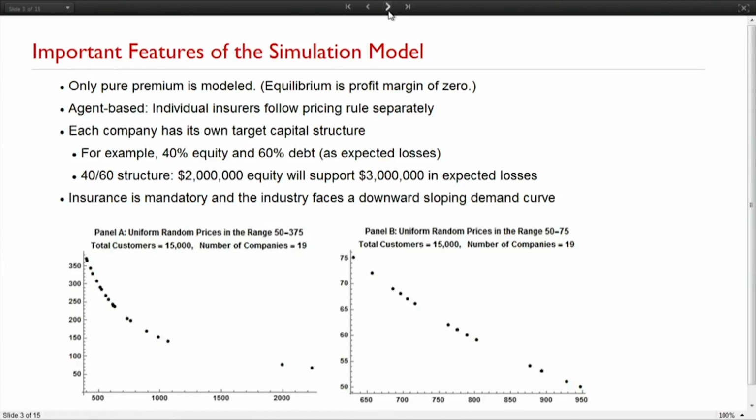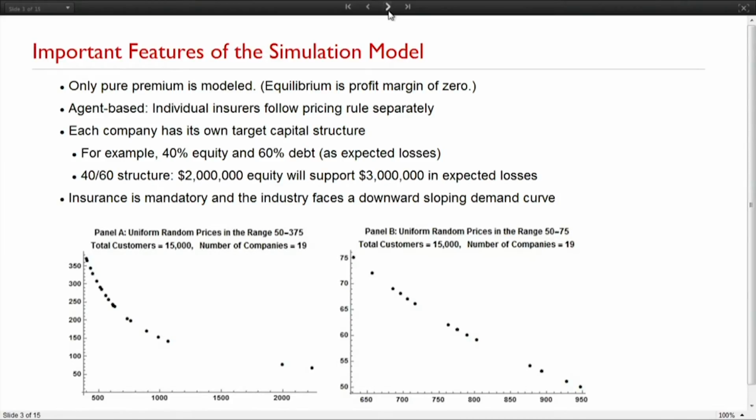and the industry faces a downward sloping demand curve. Rather than stick the formula up there for the demand curve, I just stuck these two graphs. The one on the left shows a wide range of prices, 50 to 375, and so the demand curve is convex, and the other panel B has a narrow range of prices, 50 to 75, so the curve appears quite linear.